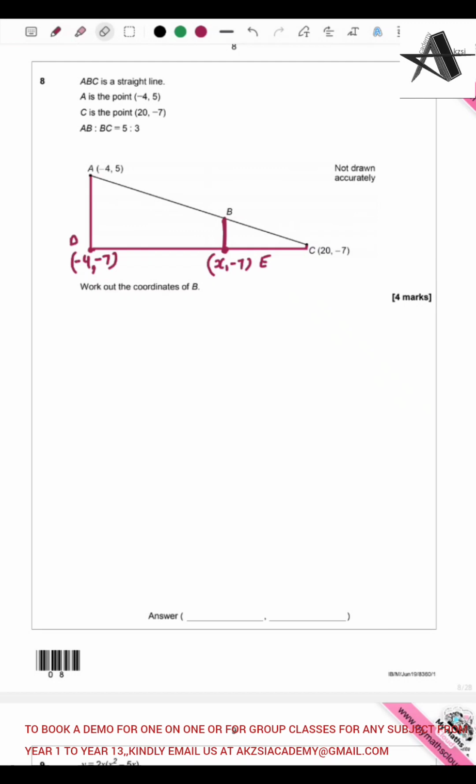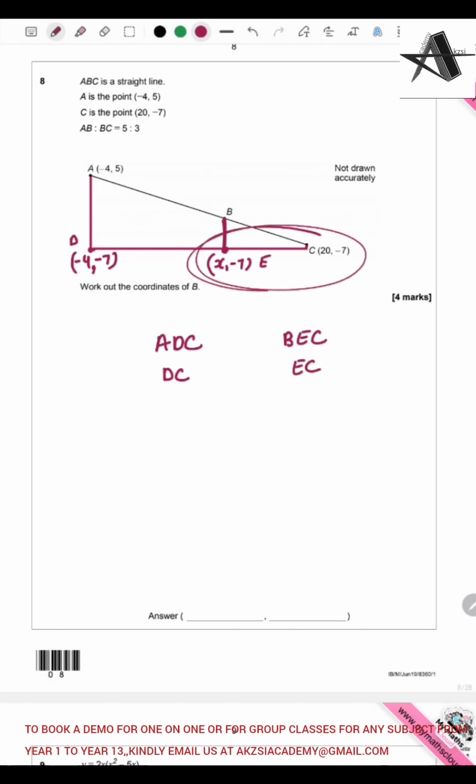Definitely when I drew this, the two triangles are going to be similar triangles. Which two triangles? Triangle ADC, the biggest triangle, and triangle BEC. The base of ADC is DC, and for triangle BEC it's EC.